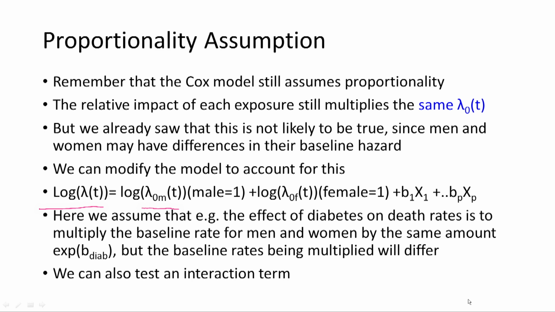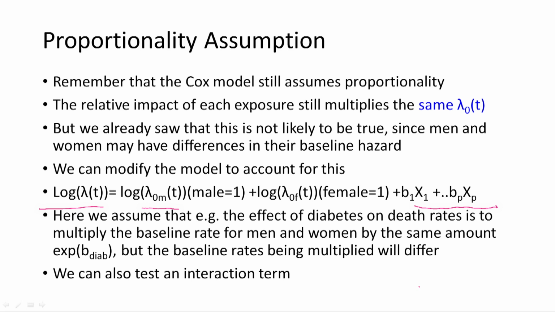So the log of the hazard is the log of the baseline hazard for men when male equals 1 and otherwise 0. If I'm looking at a female in my cohort, that goes away, in which case it's the log of the hazard in women times female equals 1, and then I assume that the remaining variables have proportionate effects.